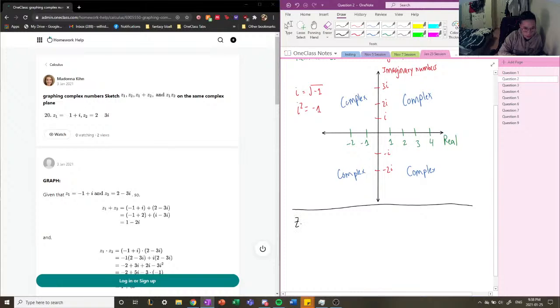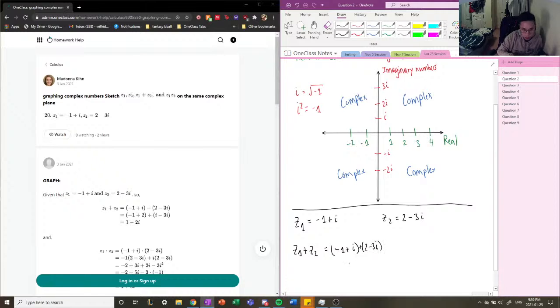So let's first write out what z1 is, which is -1 plus i, and what z2 is, which is 2 minus 3i. First let's find the sum of these two numbers. When we're finding the sum, we add together the real number components and also the imaginary number components. So if we're adding z1 and z2, here's z1 and here is z2.